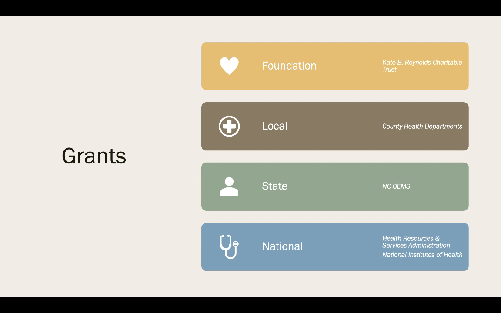If we look at the national level, one of the bigger grant producing agencies, the Health Resources and Services Administration, HRSA. There are a lot of HRSA grants out there that we might be eligible for, and we can apply for on a national level. If you want to get into research, into some deeper issues, the National Institutes of Health, the NIH, provide a number of grants every year for larger projects.